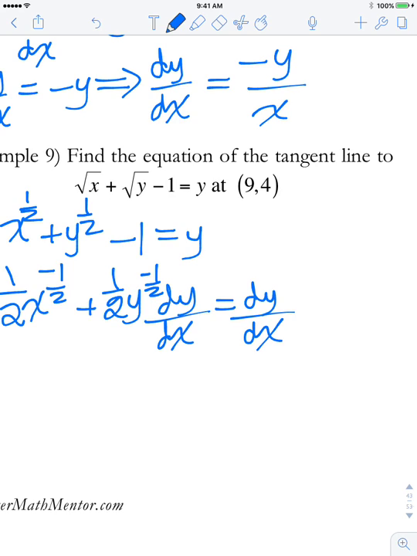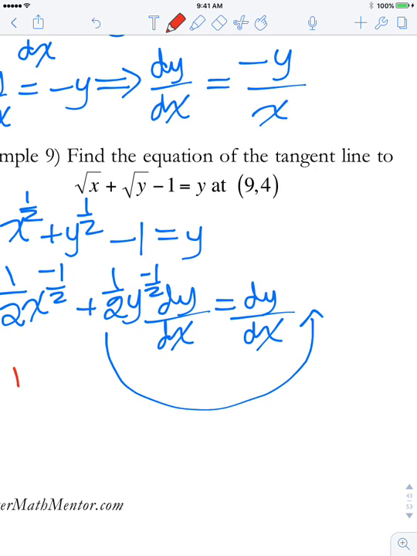Okay, and now we're going to get dy dx by itself. Let's put everything that has dy dx together. So I'm going to go ahead and subtract this and move this to the other side. Let me change colors so you guys can see from step to step.